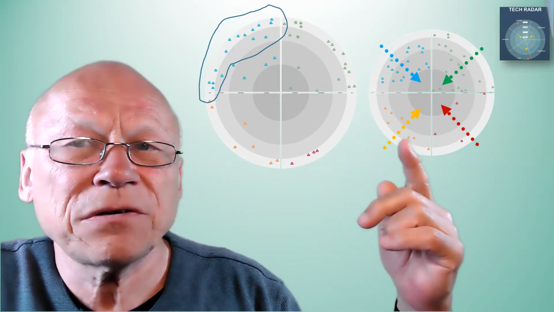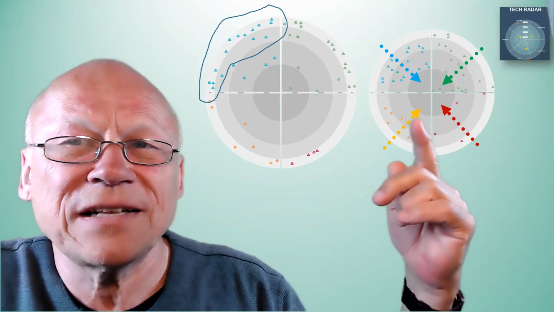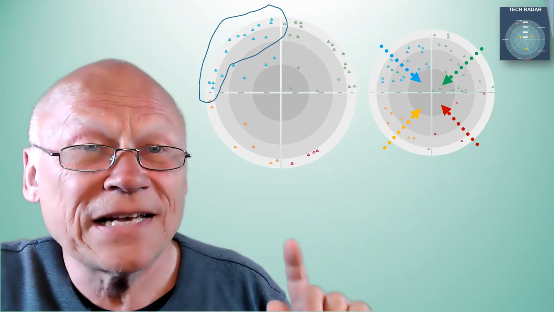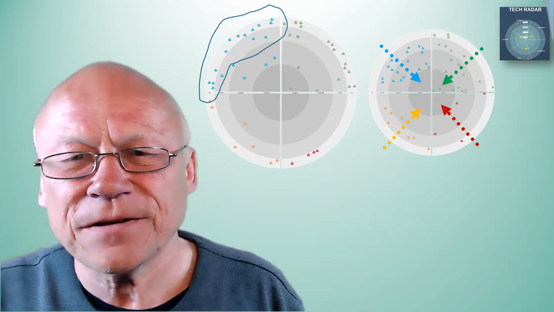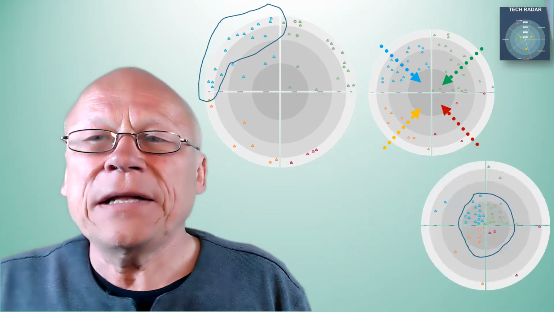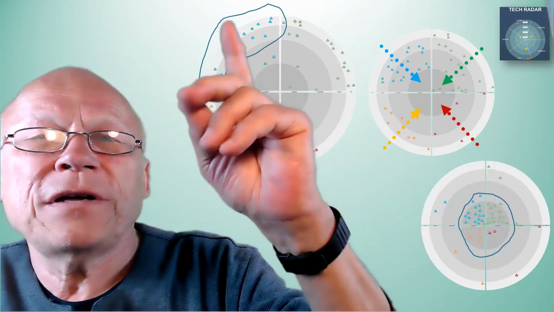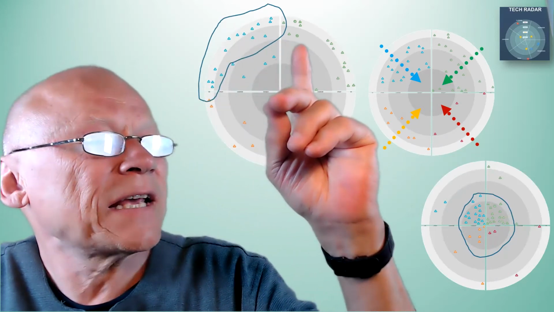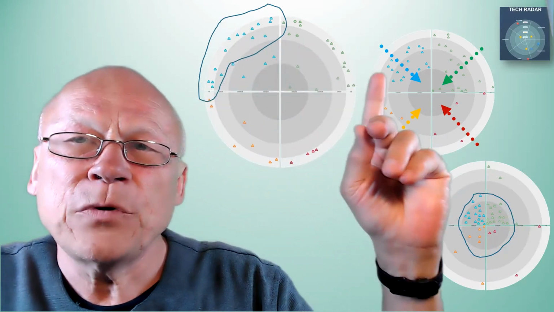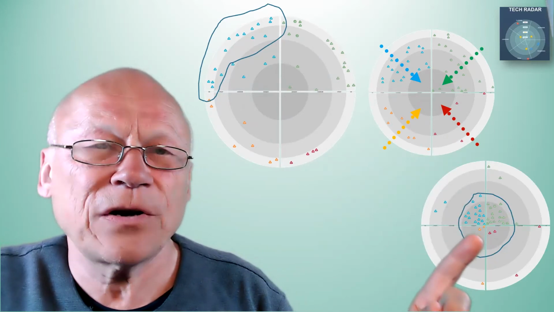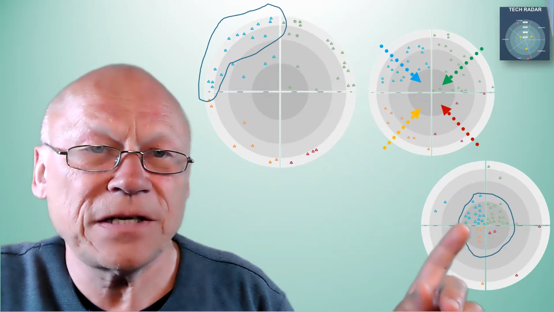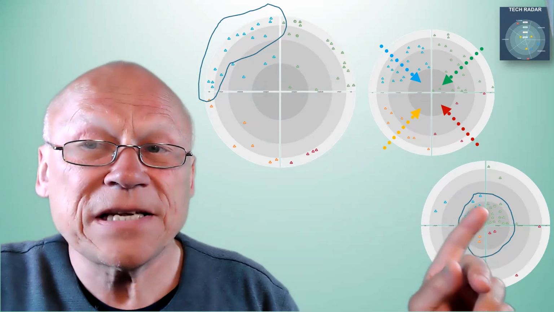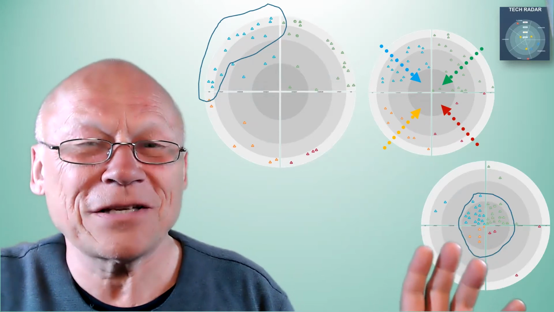So there's an outer circle, a next-to-outer circle, a next-to-inner circle, and the inner circle. That's where those textual components are accepted for publication. We want to move from this situation, where we have a lot of texts in the outer rim, into a system where all or most of the text elements, the pages, the videos, and so on, are accepted for publication, and the document is almost ready.